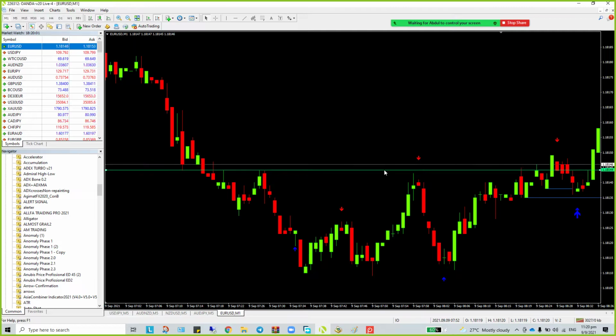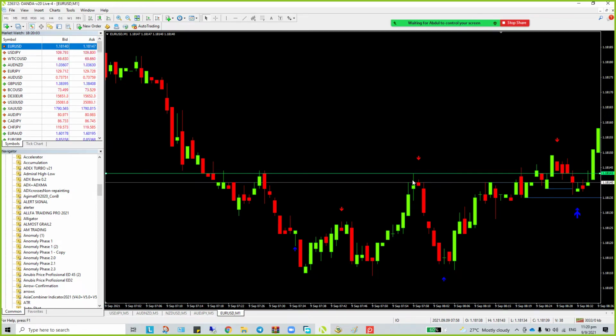No. See, the open position is closed at this level. This high is 143, and the open position is also the same. The open position you can see here is 143. This high also is 143.